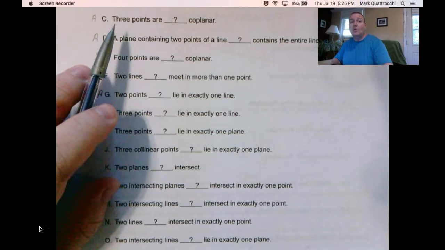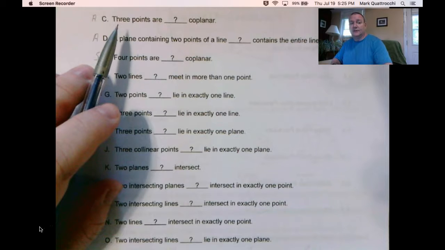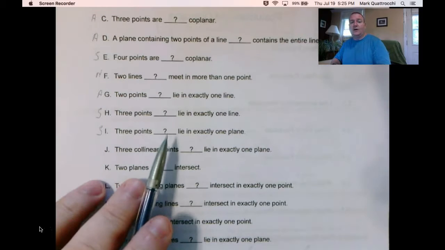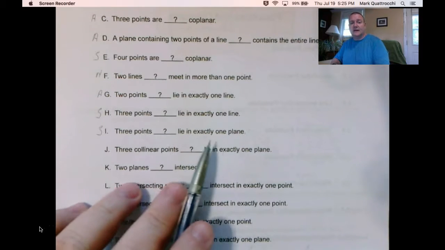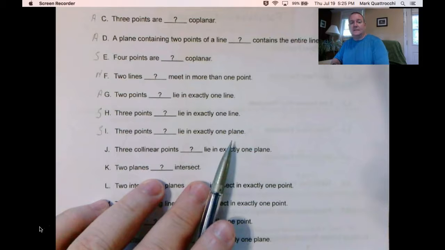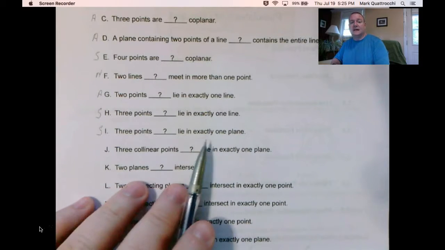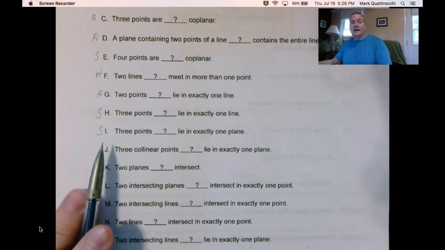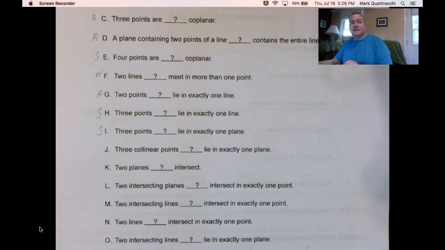Now there may be more than one plane that contains them in the case if they're collinear, but this is always true. 3 points sometimes lie in exactly one plane because sometimes they lie in more than one plane. That's why I is sometimes and C is always.